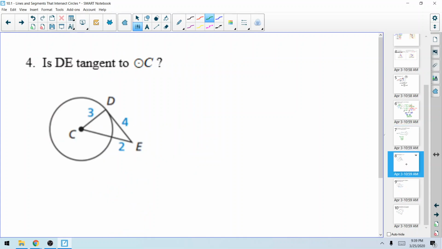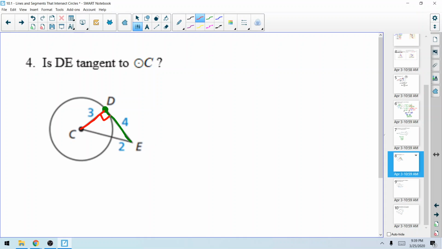Example 4. Is DE tangent to circle C? So think about that for a minute. Here's DE. I want to know if it's tangent, meaning does it hit the circle at only one point? Well, remember what has to be true. If that's true, then my radius would also hit that point at a 90-degree angle.